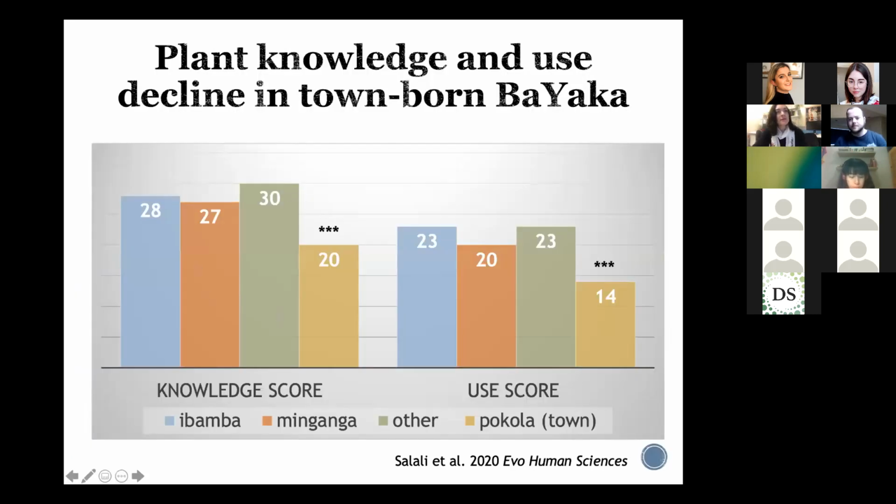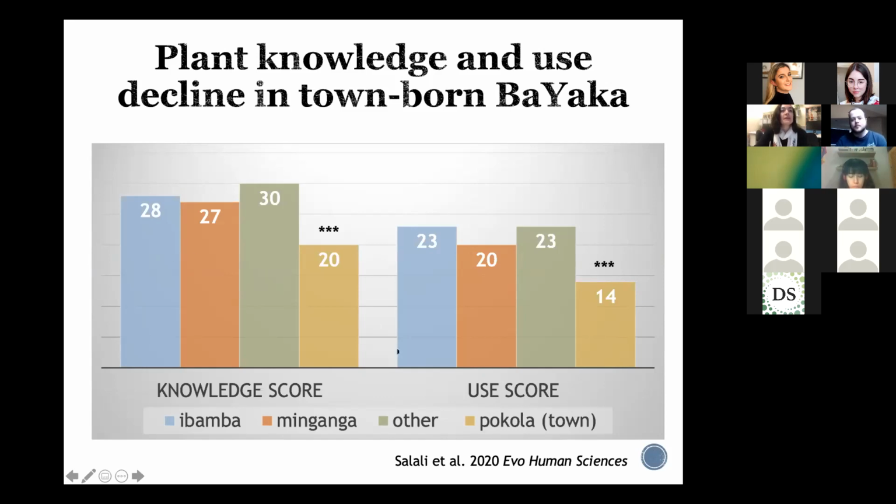So I first looked at plant knowledge and use in town-born BaYaka versus forest-born BaYaka. Here you can see the knowledge scores and plant use scores. As I said, I asked people about 33 different plants, and these are the mean plant knowledge scores, so how many of these 33 plants people knew in different campsites.